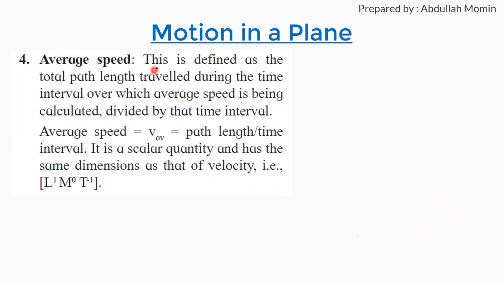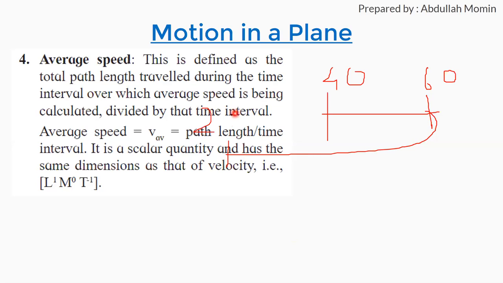Next, average speed. This is defined as the total path length traveled during the time interval over which average speed is being calculated, divided by the time interval. Average speed is equal to path length upon time interval. Suppose an object moved from 40 to 60 and then it comes back to 20.